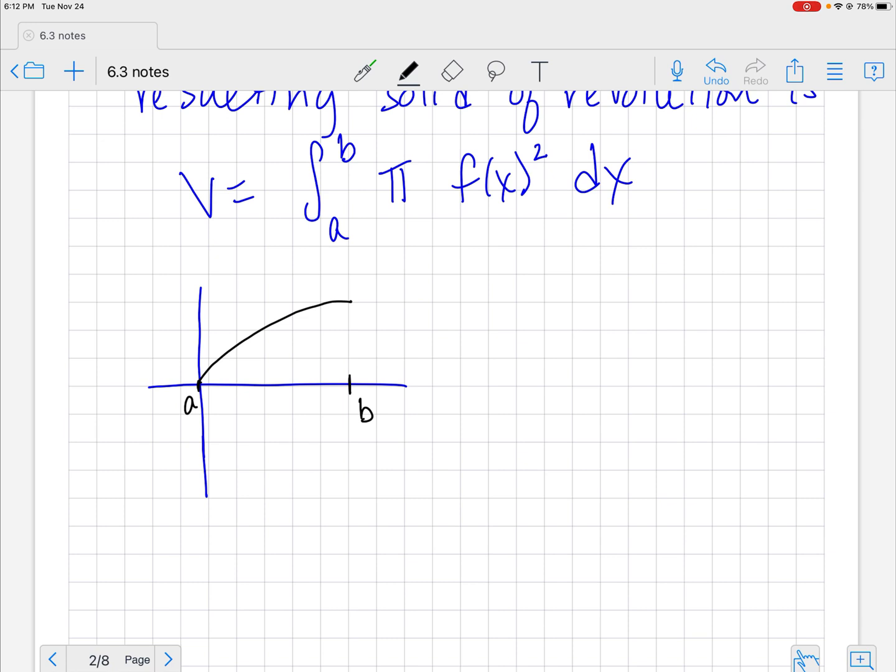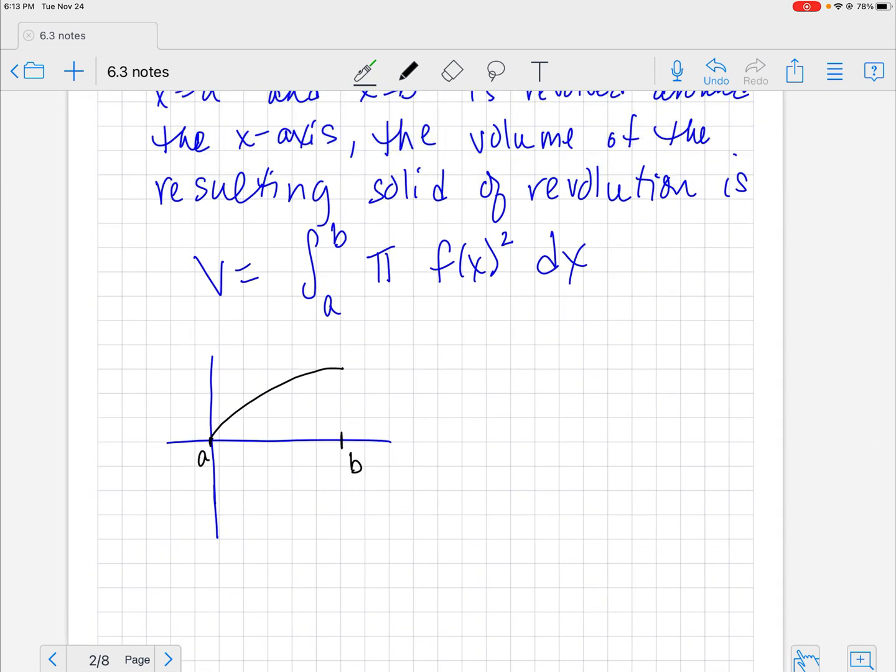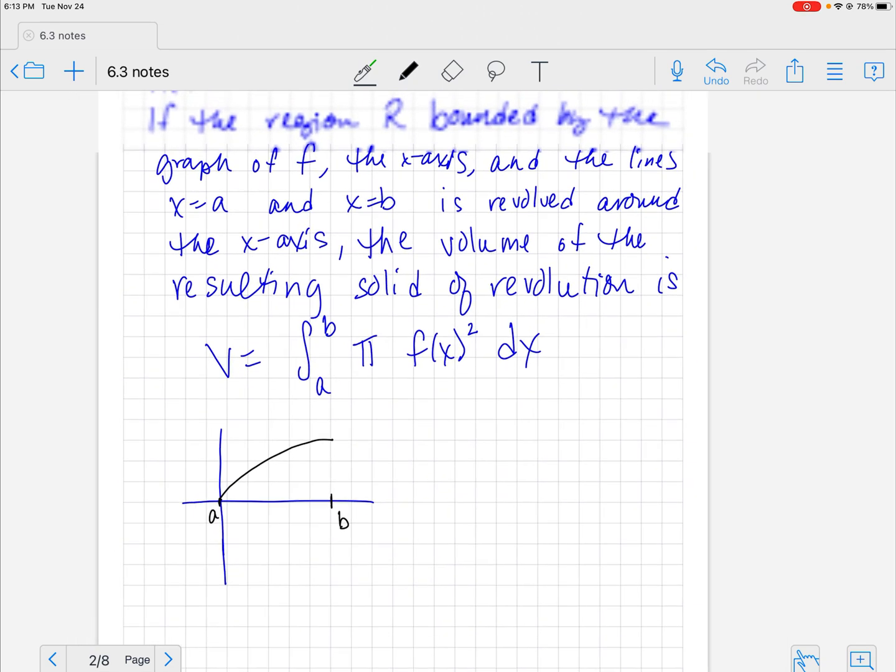So here is what's happening. I am going to take this graph and swing it around the x-axis. That's what we're talking about whenever this says the volume of the resulting solid of revolution.